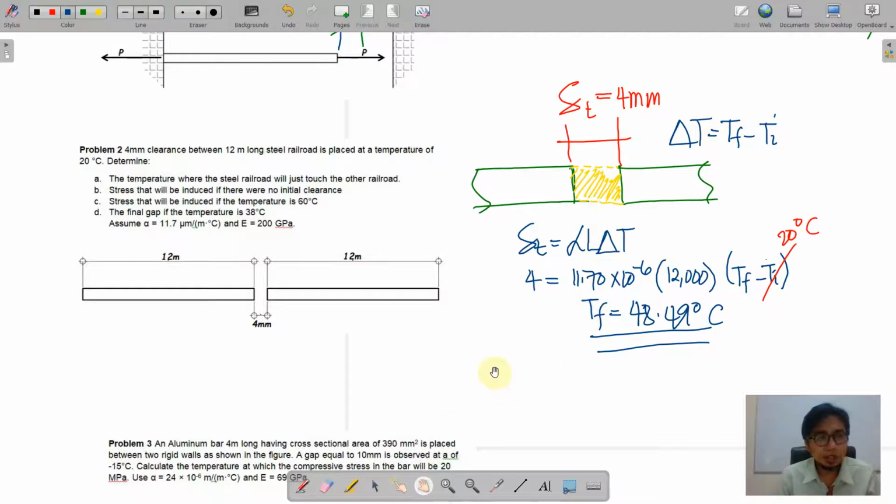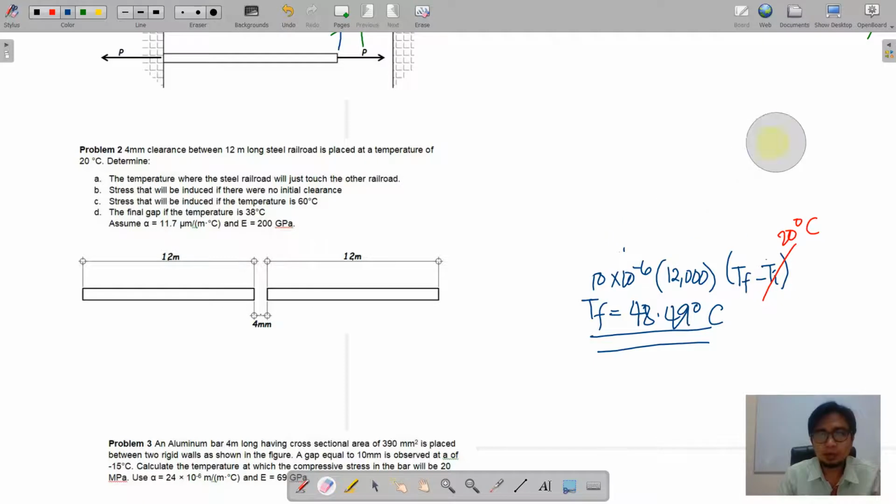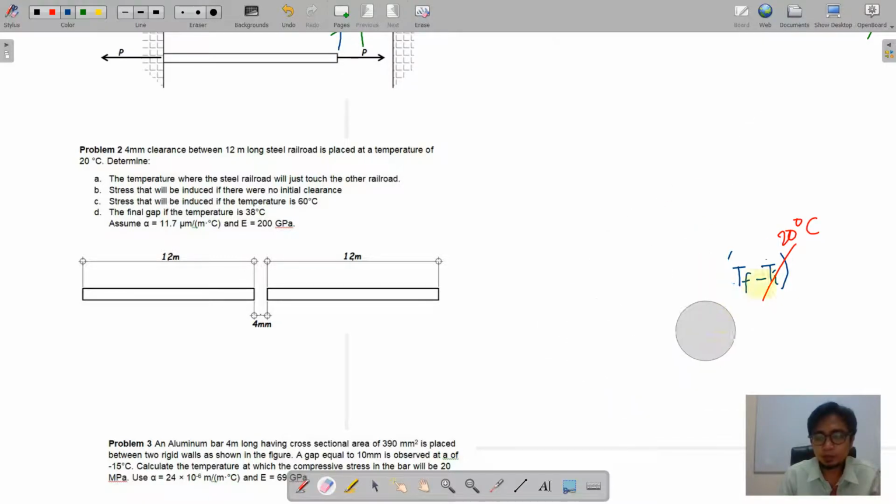And then for the letter B, the stress that will be induced if there were no initial clearance. E paano kung walang space in between? So paano naman yun? Of course, if there is a push, there is a compressive stress, right? And if there is a stretch, there is a tensile stress. Okay?